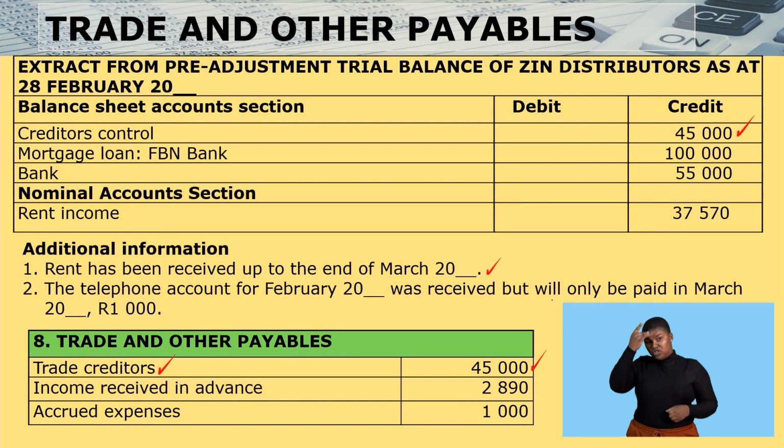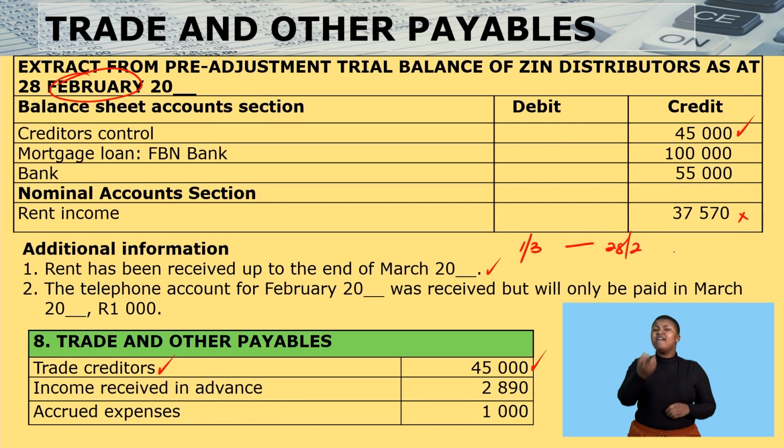We have rent that we receive, rent income, hence you see it here on the credit side. We are told that rent has been received until the end of March. Our financial period ends on 28 February. That simply means it would be 12 months. It would have begun on the 1st of March the previous year until the 28th of February in this current year.